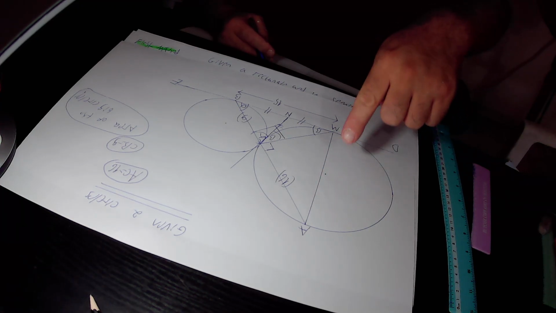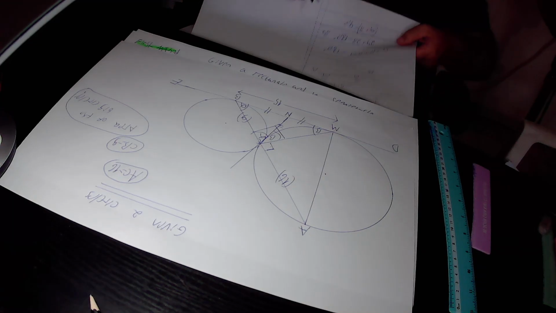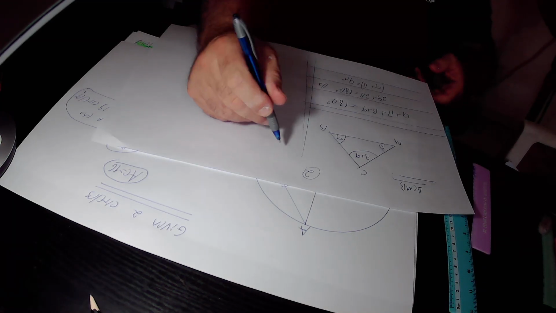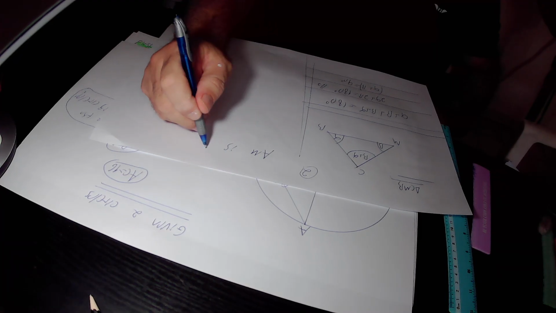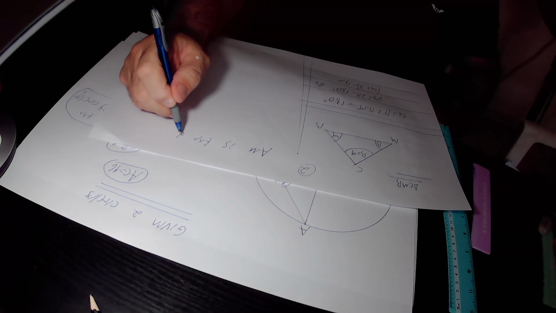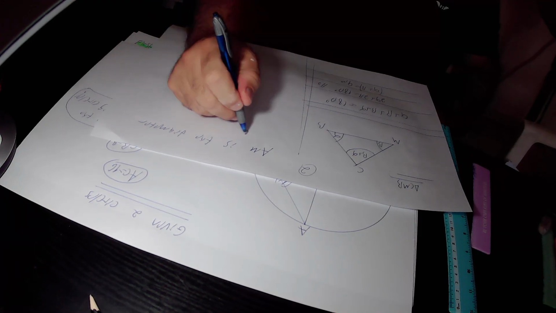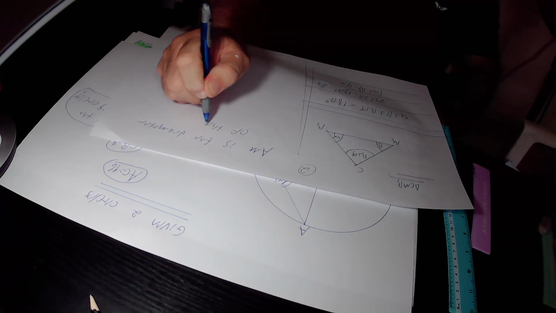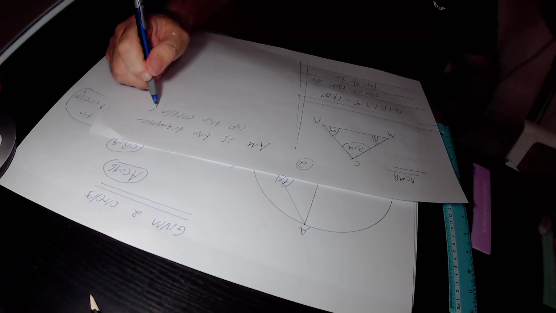According to rule 5, AM must be the diameter of the circle. So we found out that AM is the diameter of the big circle, according to rule 5.